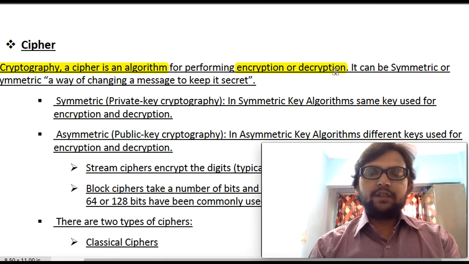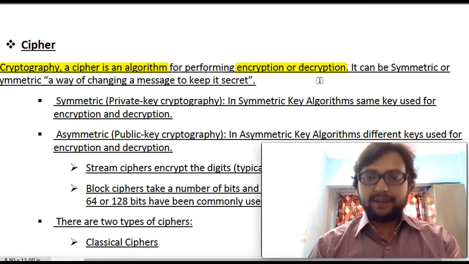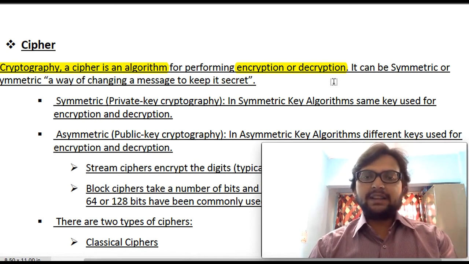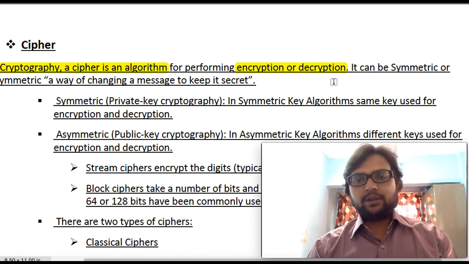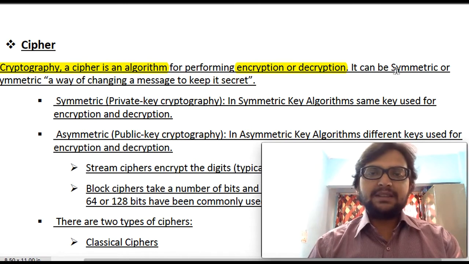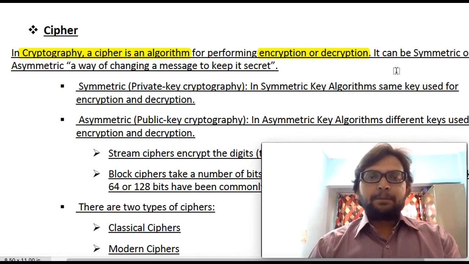It is the algorithm we use for encrypting or decrypting. Encryption means converting plain text into non-readable text, and decryption means converting non-readable format to readable format. So it can be a symmetric or asymmetric pattern. We have two patterns.